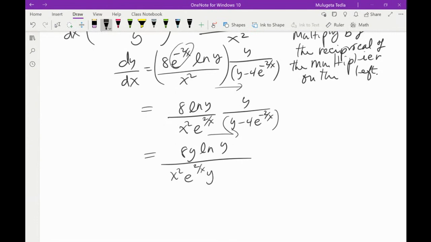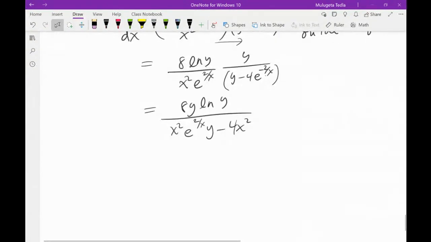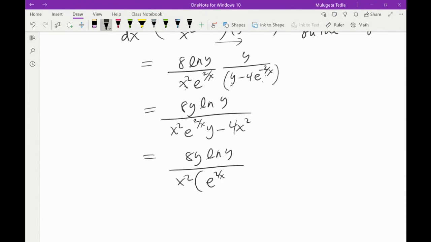Times y minus 4. You can even keep x squared. I shouldn't have multiplied all over. So this times this times this. So 8y ln y over x squared times e to the 2 over x times y minus 4, maybe the compact form of the derivative dy by dx.